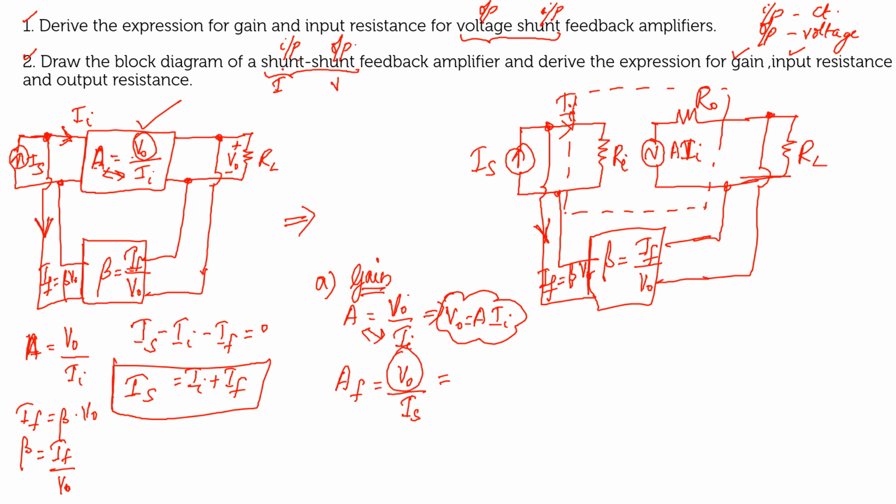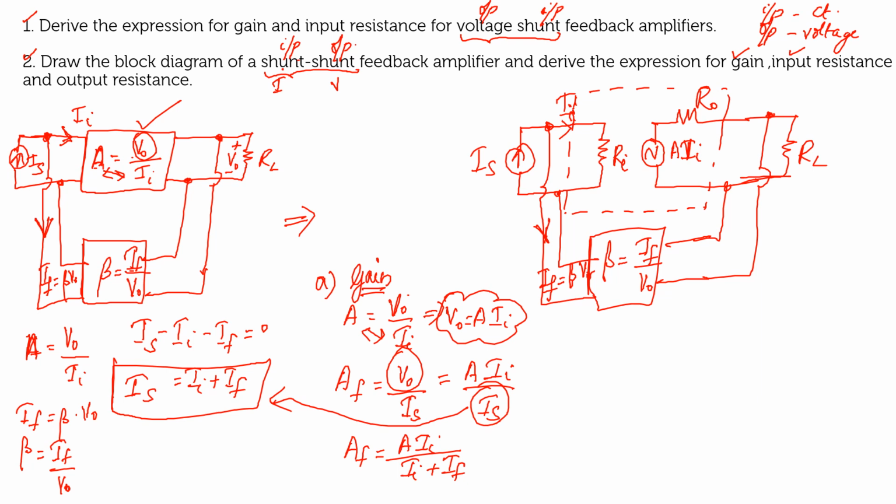So AF will be equal to A into II divided by Is. Now we have already found out what is your Is, right? Next you are going to substitute the value for Is. So AF will be equal to A into II divided by what is your Is? II plus IF, right? II plus IF.